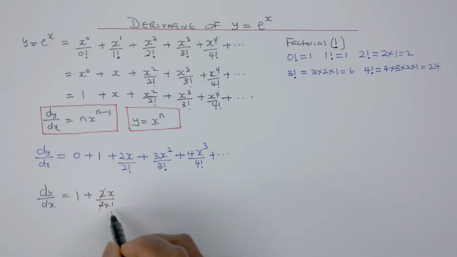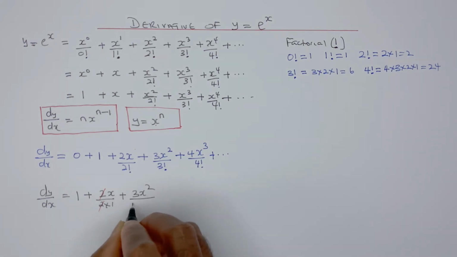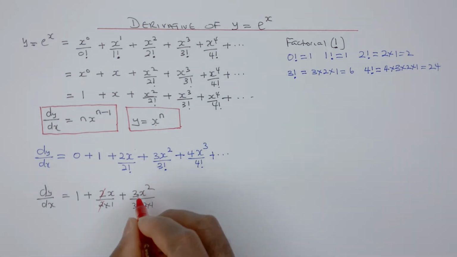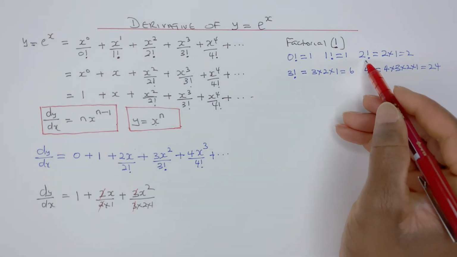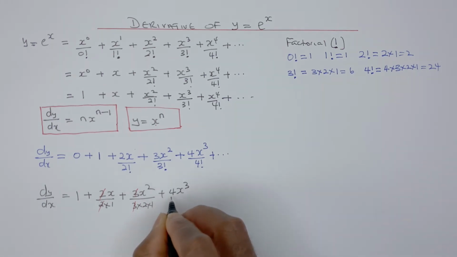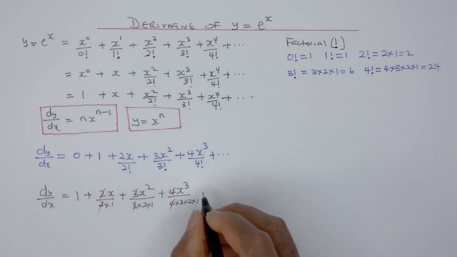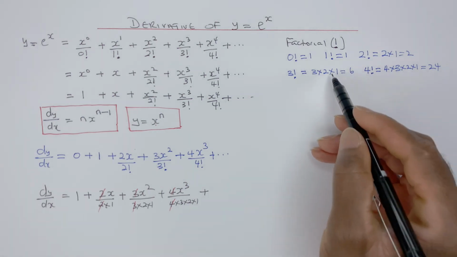So I just have x over 1 plus, well, 3x squared over 3 times 2 times 1. Well, the 3s cancel each other. I'll just get x squared over 2 times 1, which is 2 factorial, plus 4x cubed over 4 times 3 times 2 times 1. 4 cancels 4, and so I just got x cubed over 3 factorial.